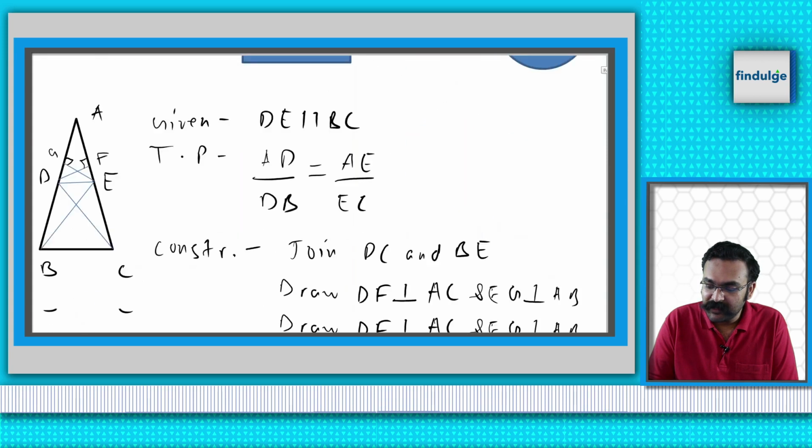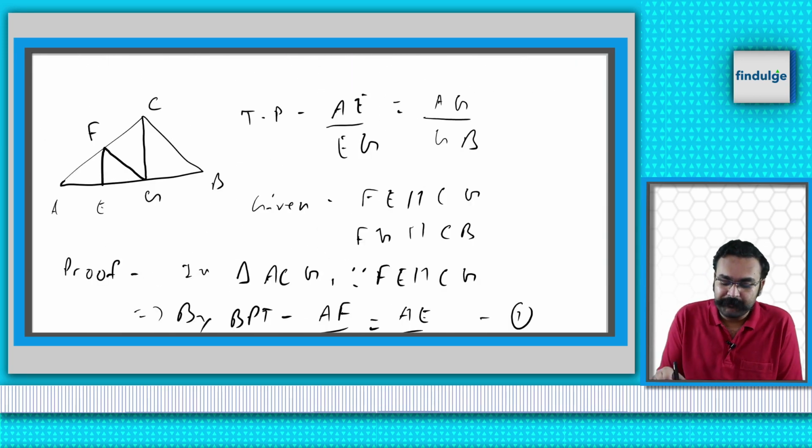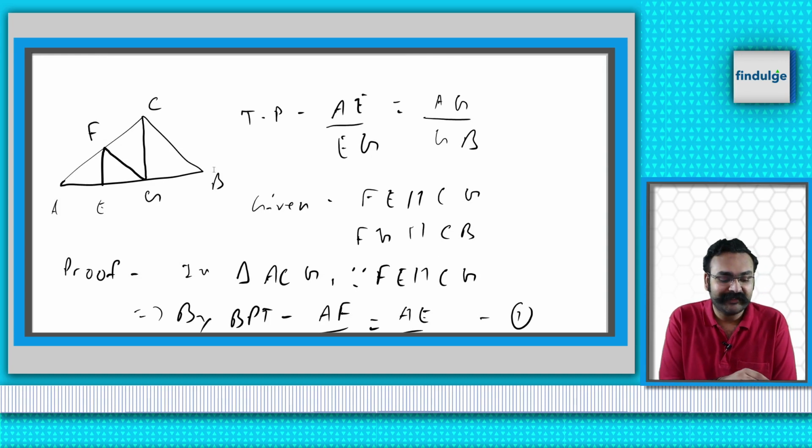Now, similarly, if I look at FG parallel to CB, I'll take triangle ACB.